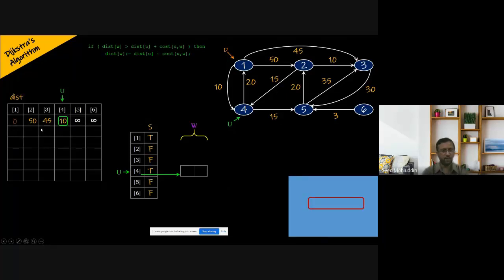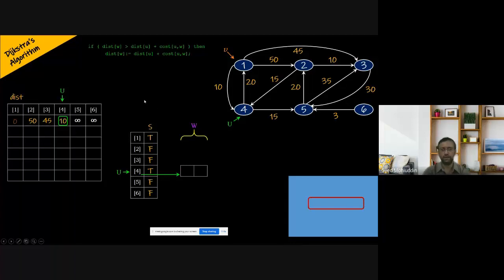I'm representing this dist array as a matrix because I want to show you the previous values and how values get updated. But at a single instance, this is going to be a one-dimensional array, and the length of this array is also 6 because we have 6 vertices.